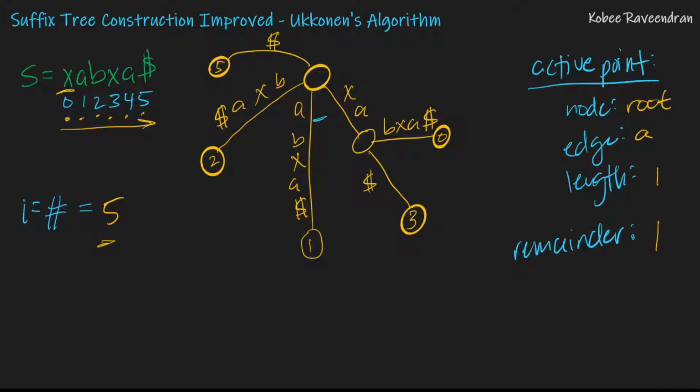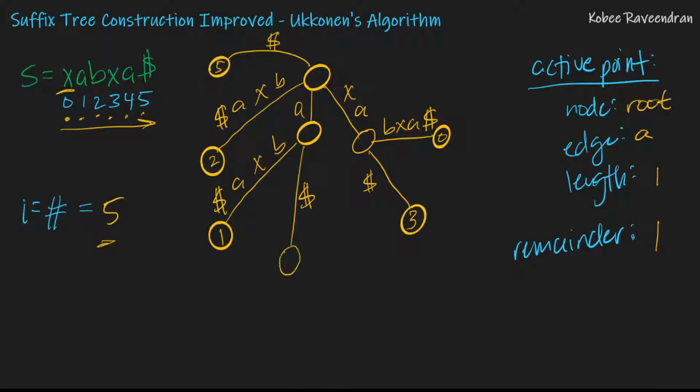So again, I'll notice that the $ sign doesn't match the next character on that edge, which is b. So I'll create a branch. Create that new internal node. Have the path from before, which was bxa$. That kept the same leaf value from before, which was 1. Now I have this new path for just the $ sign.